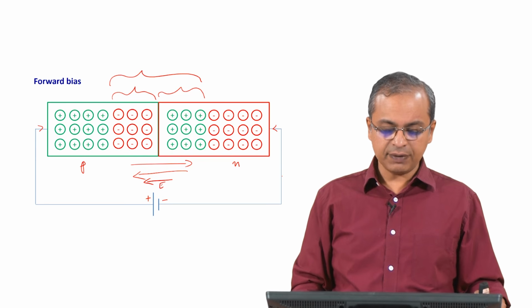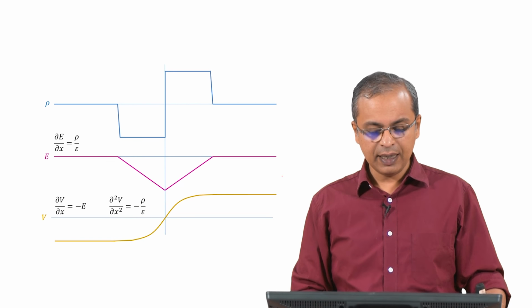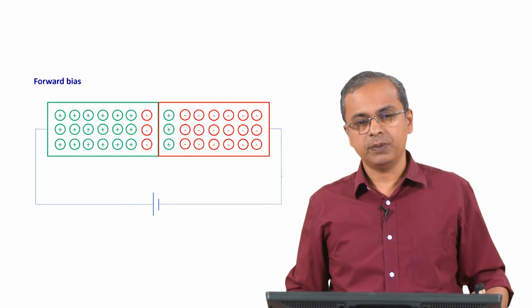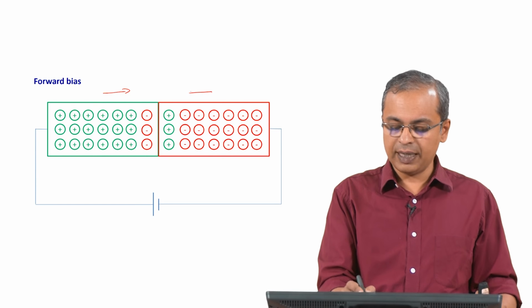So, as we discussed, what this does is that it basically reduces the space charge region. So, it starts pushing more holes this way, it starts pushing more electrons this way.